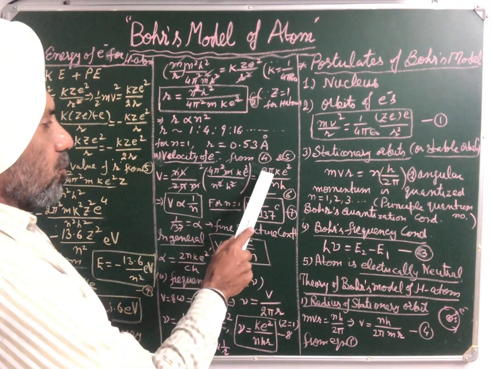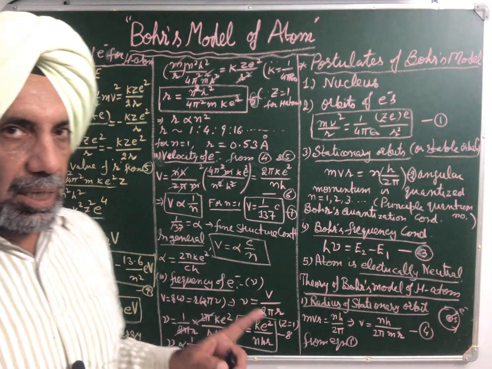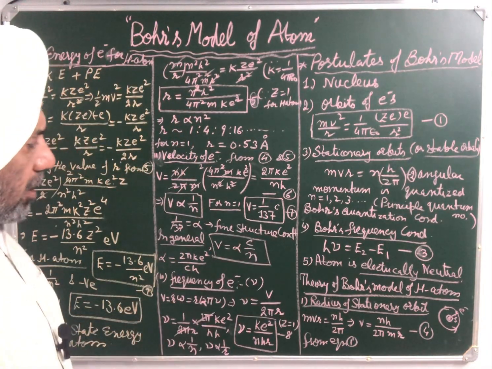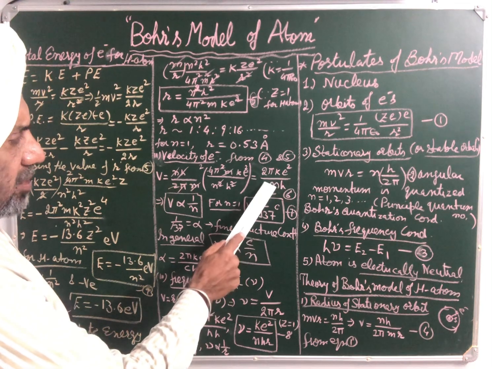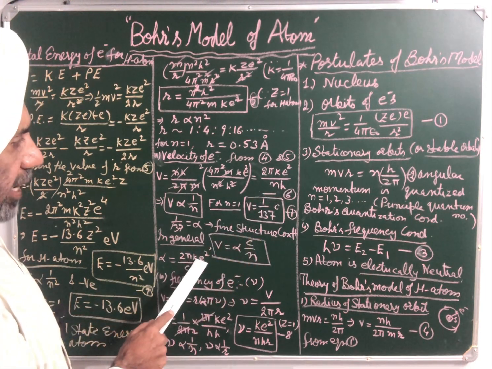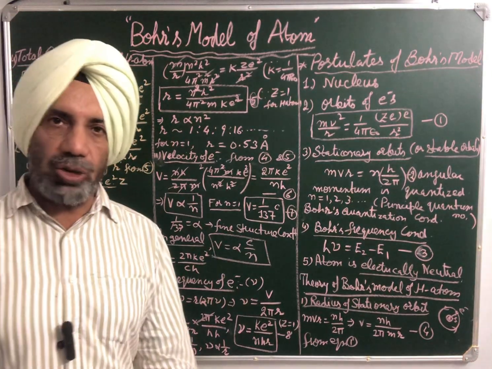So we get v is equal to 2 pi k e square upon nh for the H atom, taking z equal to 1. Or if you multiply and divide by c, this 2 pi k e square upon ch is known as alpha, the fine structure constant.